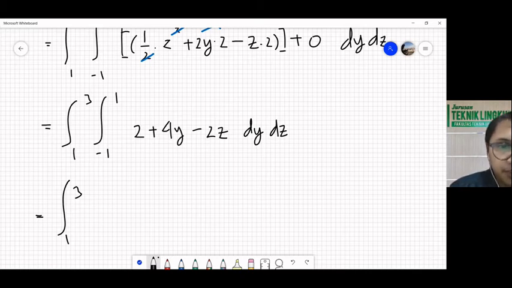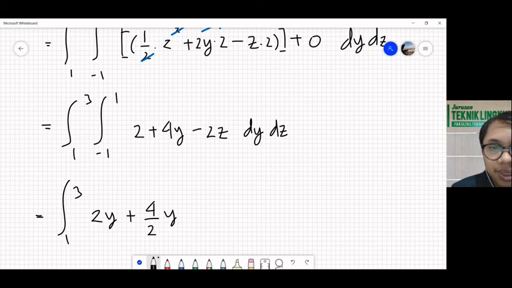It becomes 2y, because they don't have any constant, so just y. Then 4y divided by 2, because y becomes y square. This one is 2z y, and put the limit minus 1, 1 dz.